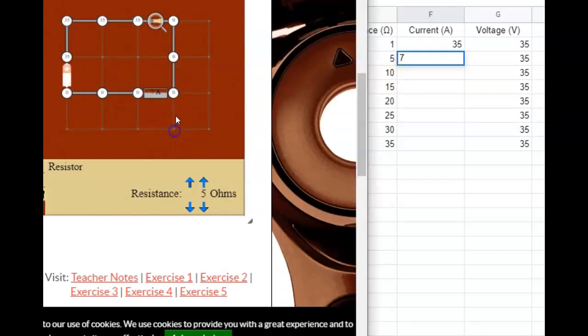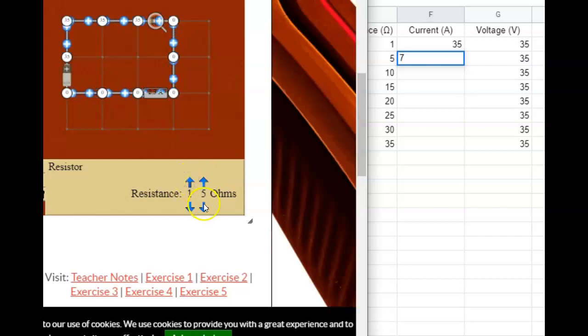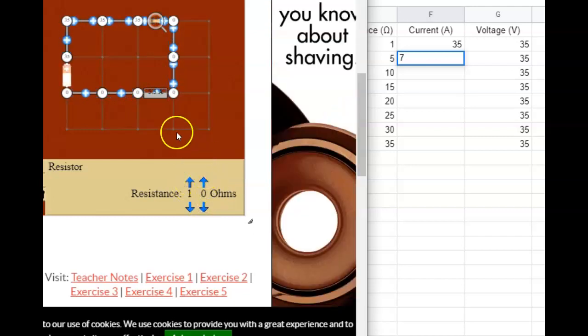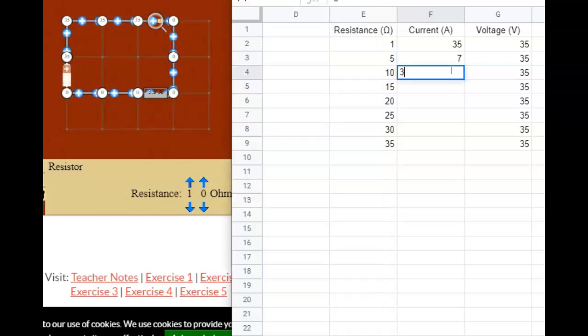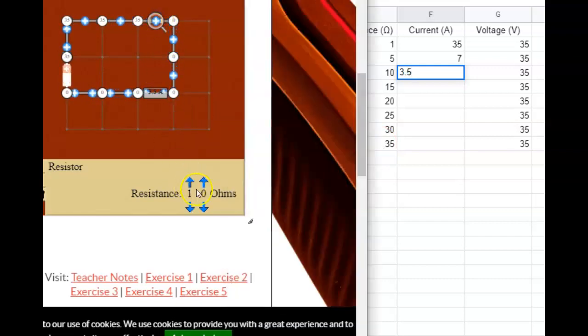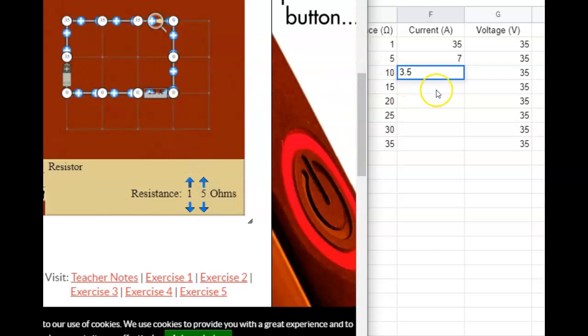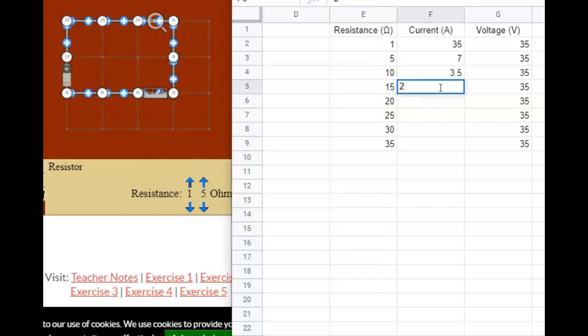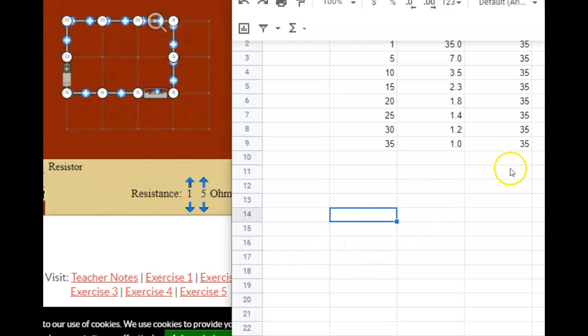So at 10 ohms, it looks like it's 3.5 amps. And at 15, it looks like 2.3. And so on. And so that is what we read.